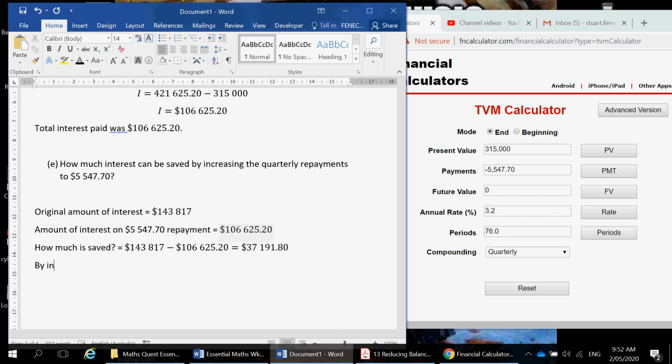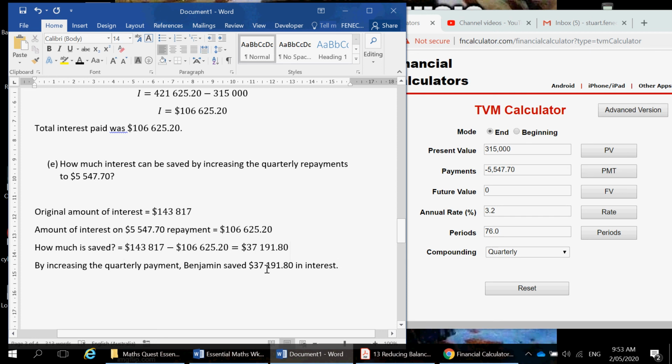So by increasing the quarterly payment, Benjamin saved $37,191.80 in interest. And yes, you save a massive amount of interest if you can pay more and pay it off sooner with these loans. You do end up saving incredible amounts of money.